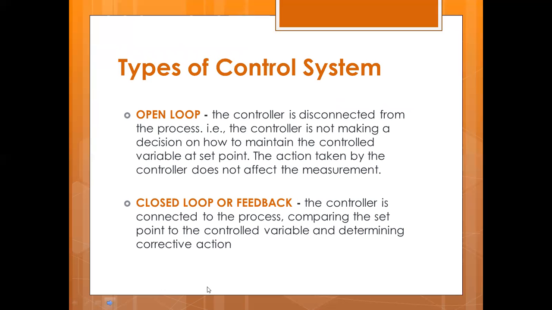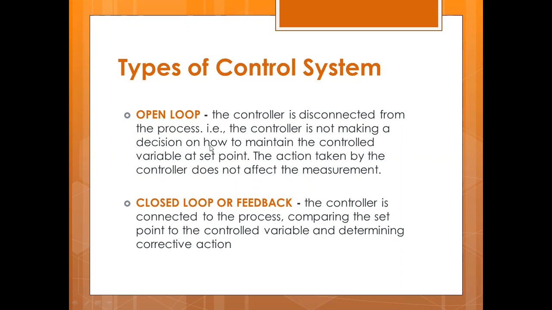Now, our control systems can either be open loop or closed loop, also termed feedback. The controller in the open loop system is disconnected from the process. That is, the controller is not making any decision on how to maintain the control variable at set point. The action taken by the controller does not affect the measurement, or vice versa.